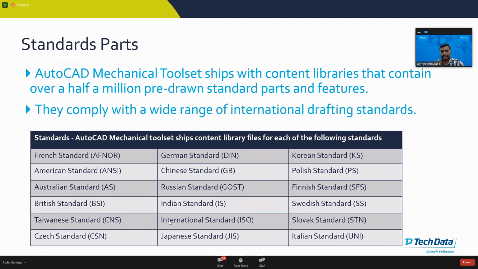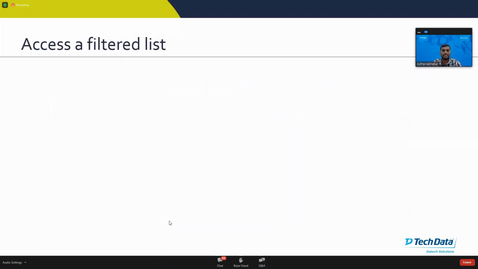In AutoCAD Mechanical Toolset, there are n number of standards available, starting with various standards of IS, ISO, DIN and many more. You can define which standard to be used in your particular drawing as well. Complying your entire drafting standards to a particular standard while creating your drawings is also possible. You can create all your standards based on the standards you are going to work in.